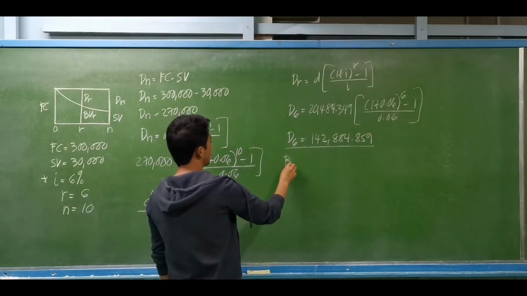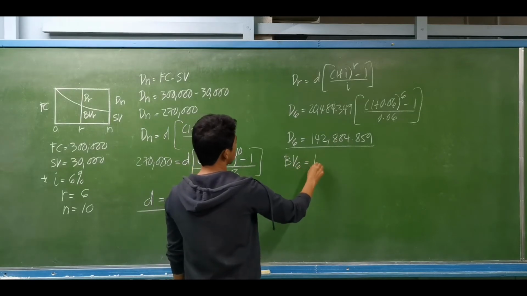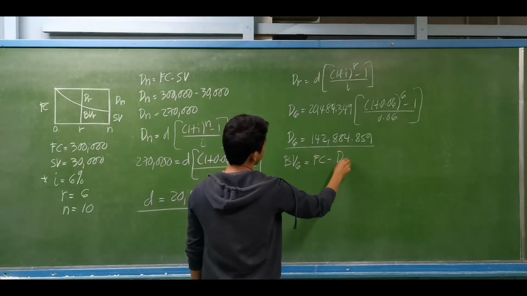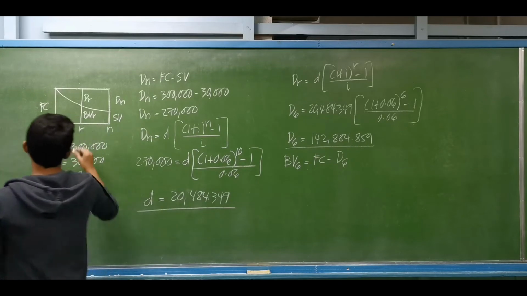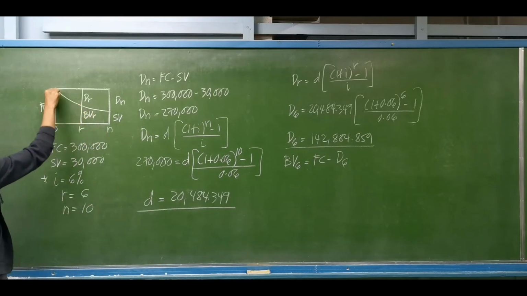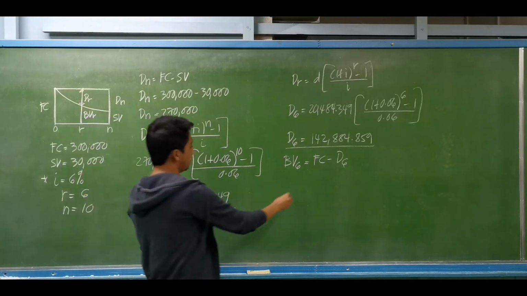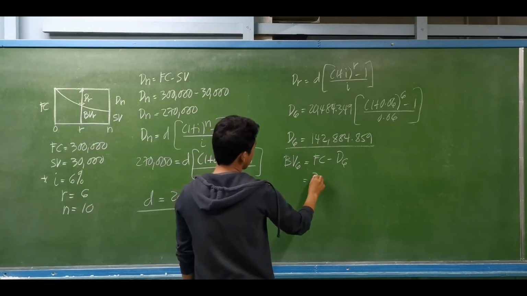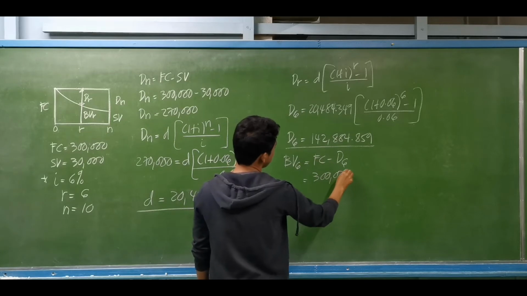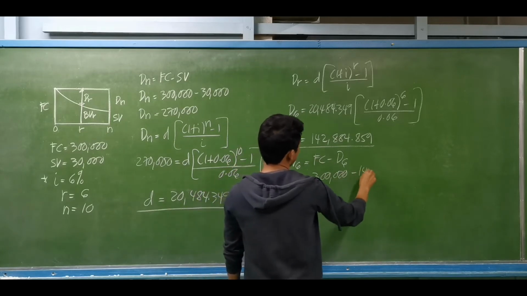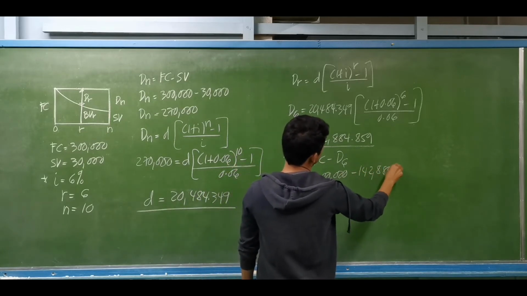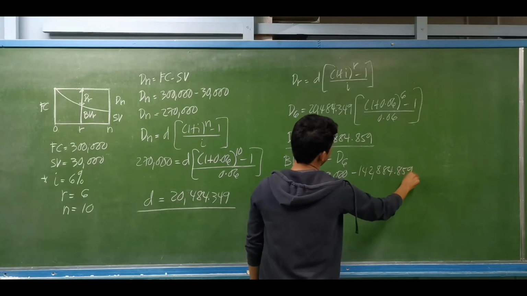We are looking for the book value. Book value 6 is equal to the first cost minus the depreciation for 6 years. So our first cost is 300,000 minus 142,884.859.